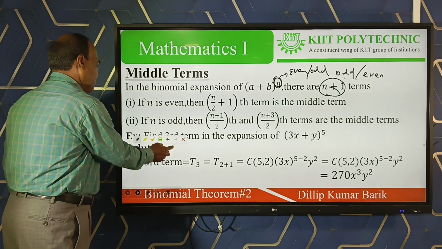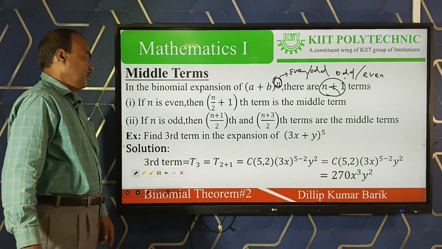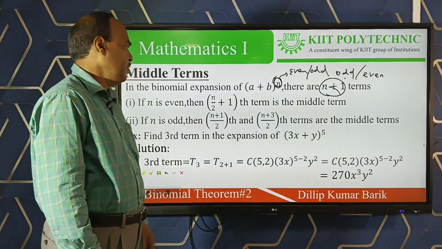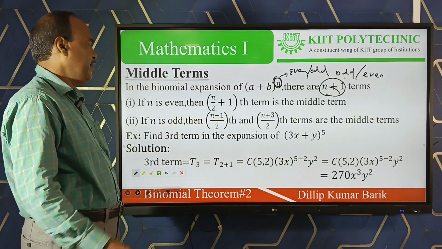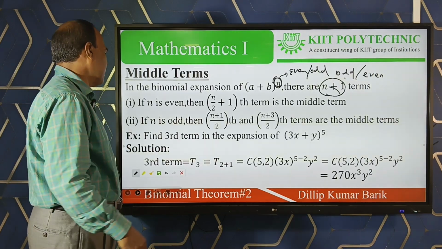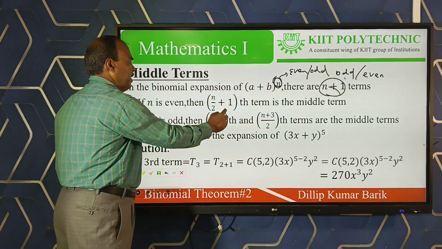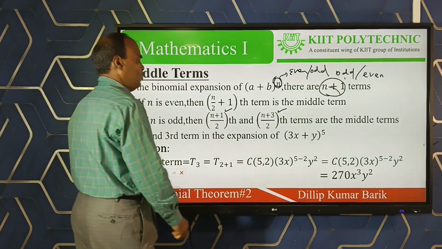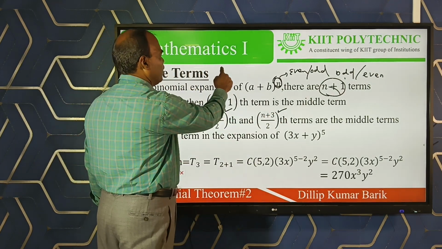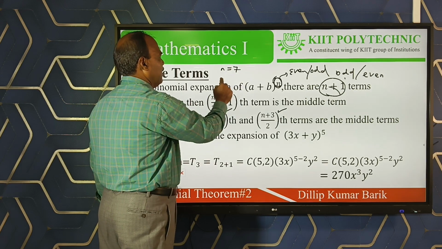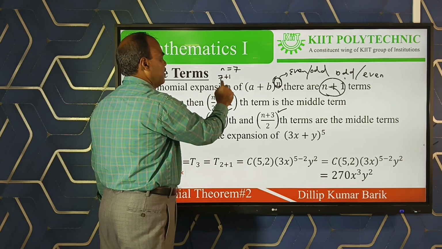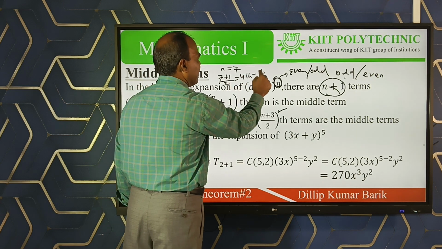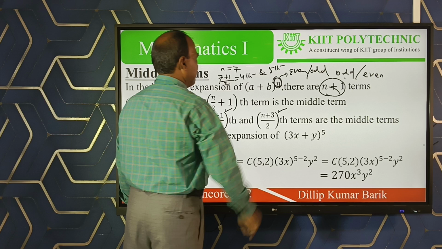If n is odd, for example 7, 9, 11 and so on, there are two middle terms, and using the formula pattern, these are (n + 1)/2 and (n + 3)/2. Suppose n is equal to 7, an odd number. So the middle terms are what? (7 + 1)/2 means the fourth term, and the next one is the fifth term.